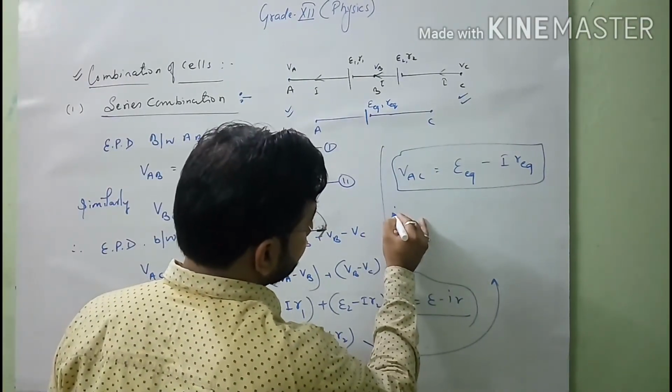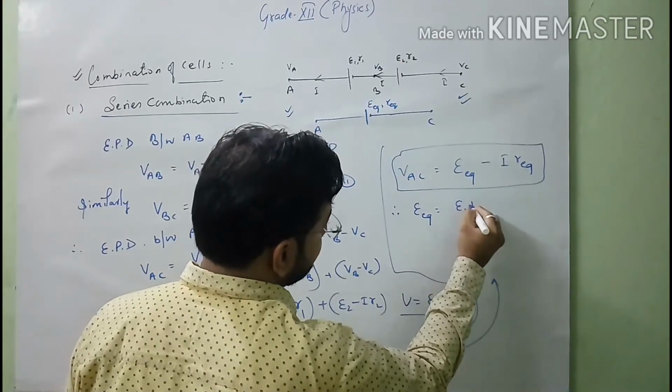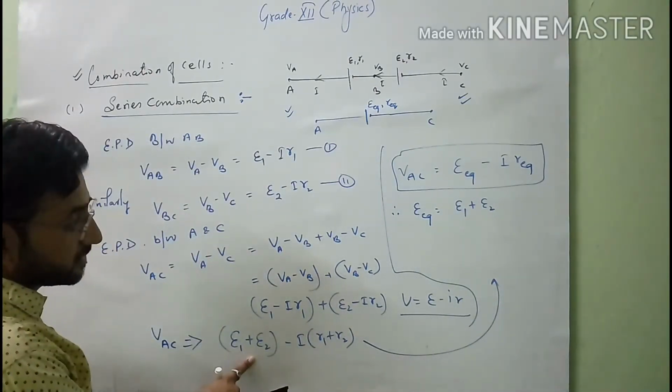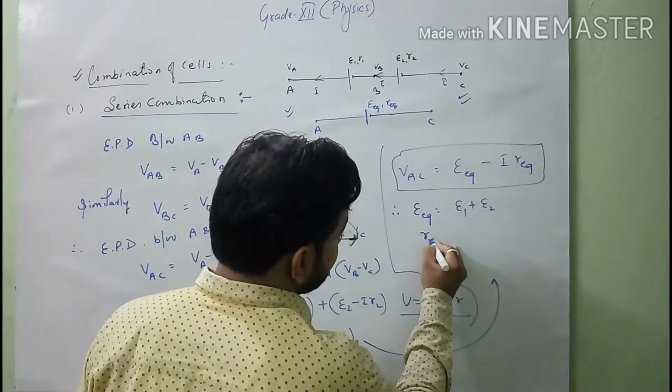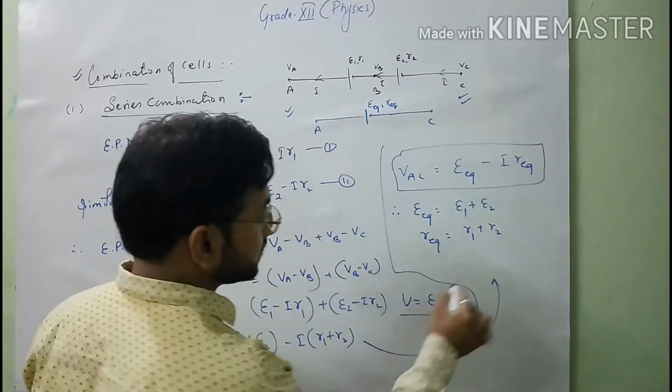Therefore, we can write E equivalent is equal to epsilon 1 plus epsilon 2, because we have only two cells. Similarly, R equivalent equals R1 plus R2. Is the point clear, student?